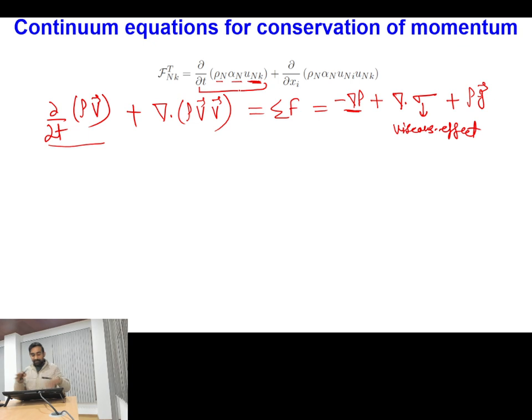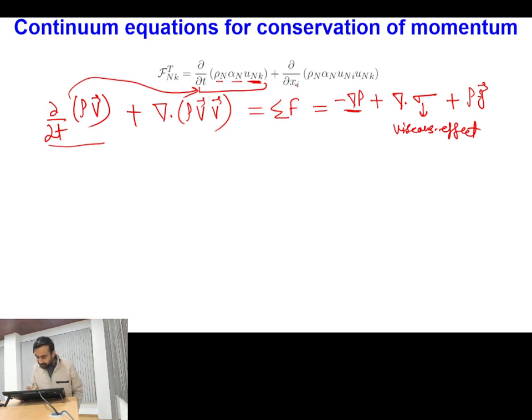Because within the entire control volume a single fluid is not present, only alpha n fraction of the nth phase is present. So that's why this is the commensurate temporal term. Are all clear with this term? Does anyone have any confusion?